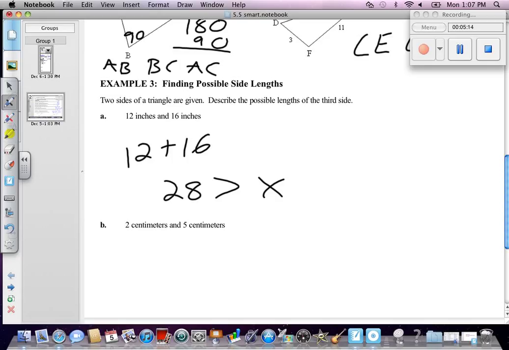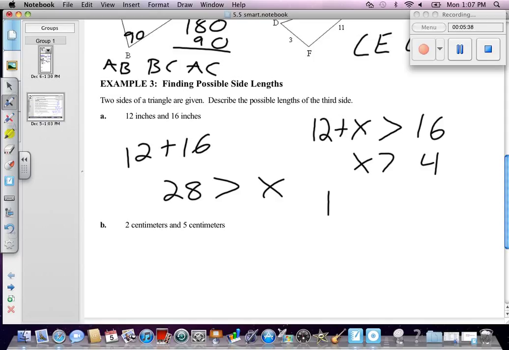So if our third side is x, we know 12 plus x has to be bigger than 16, right? So we subtract 12 from both sides, so x has to be bigger than 4.